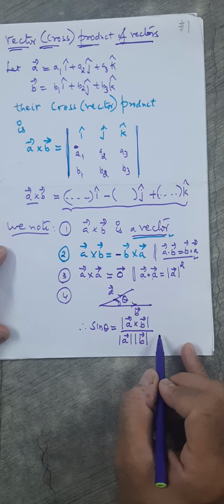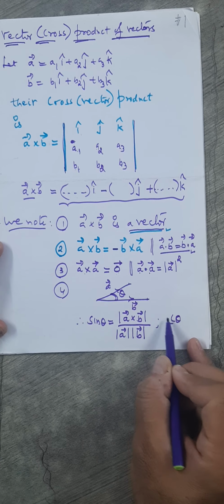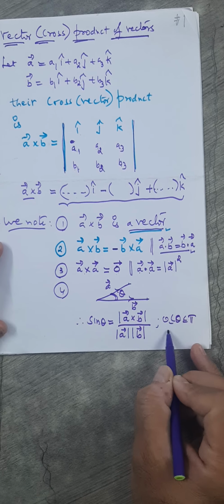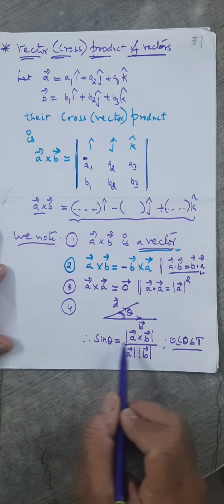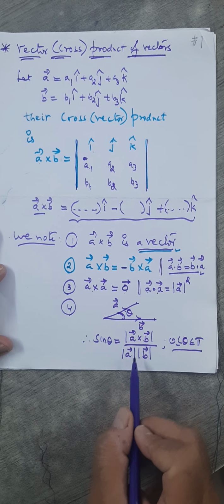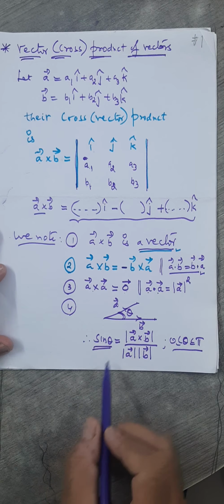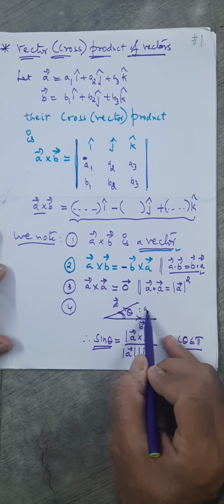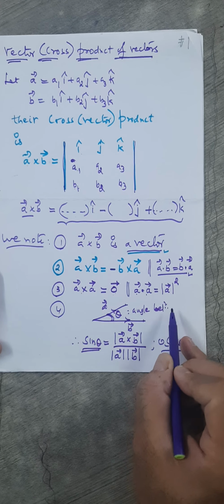What is theta there? Theta is the angle between two vectors. Theta varies from where to where? 0 to pi. Right, as we did. In the formula of cos theta, you had the dot product in the numerator. Here you have the cross product in the formula of sine theta. What is theta? That is the angle between two vectors, remember.